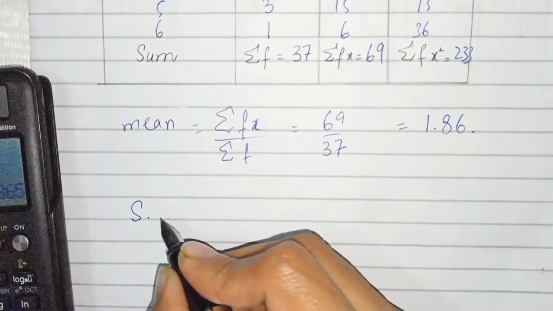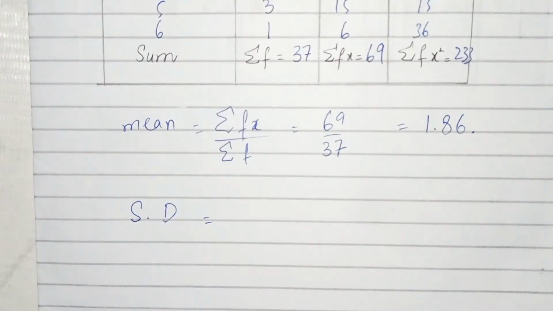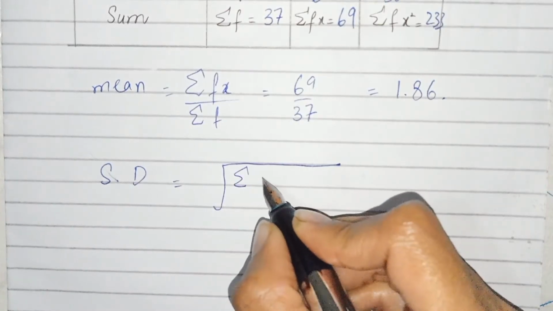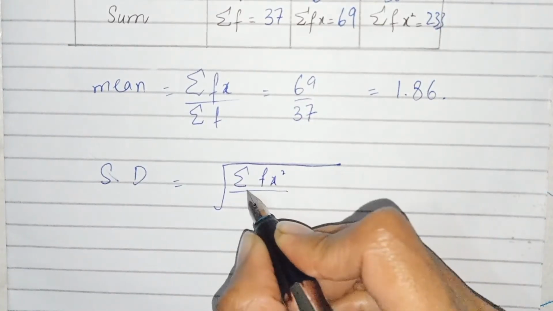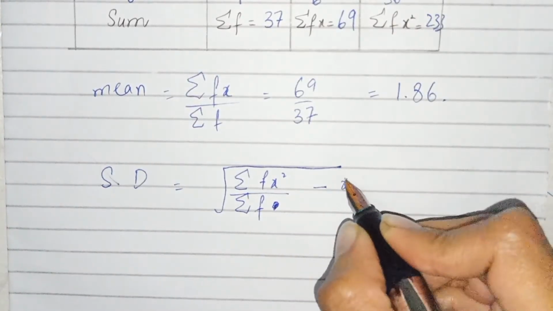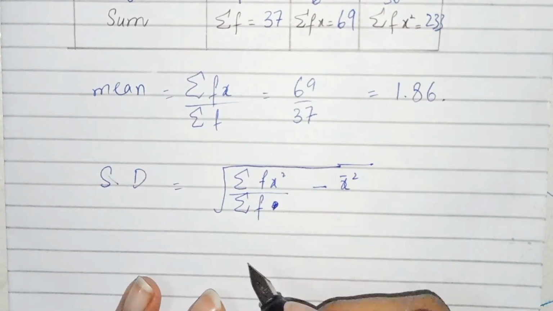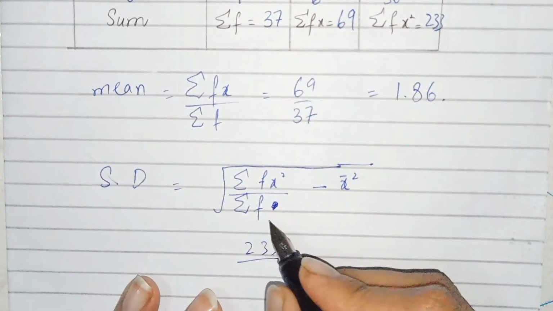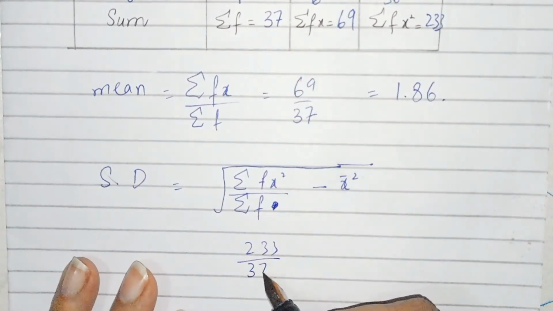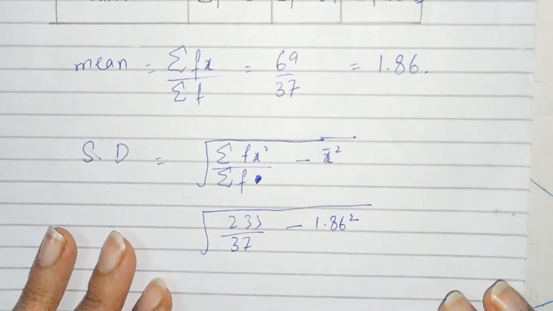Now the formula of standard deviation is the square root of sigma fx square over sum of f, minus the mean squared. Now we have to put the values in this. This is 233 over sum of f, frequency is 37, over 37, minus 1.86 square.